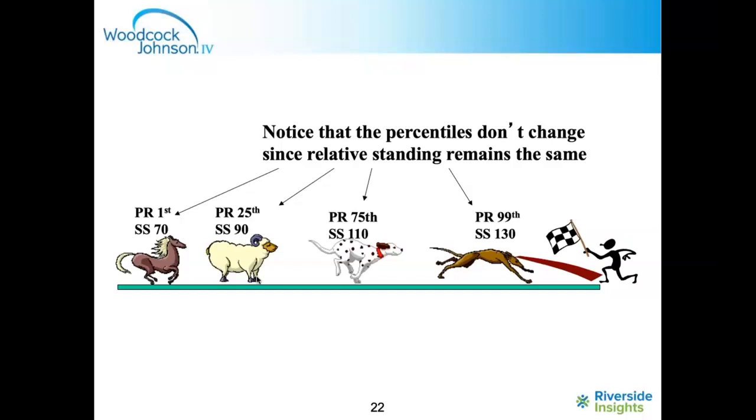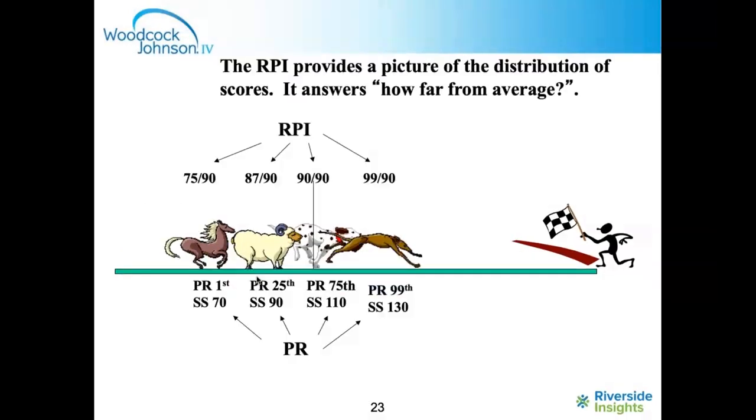And this is where the RPI provides additional information. Here's the race again, with everyone clustered together. Down at the bottom, you'll see the relative standing in a group metrics, standard scores and percentiles. And then at the top, you'll see our RPIs, which discuss more the quality of performance.